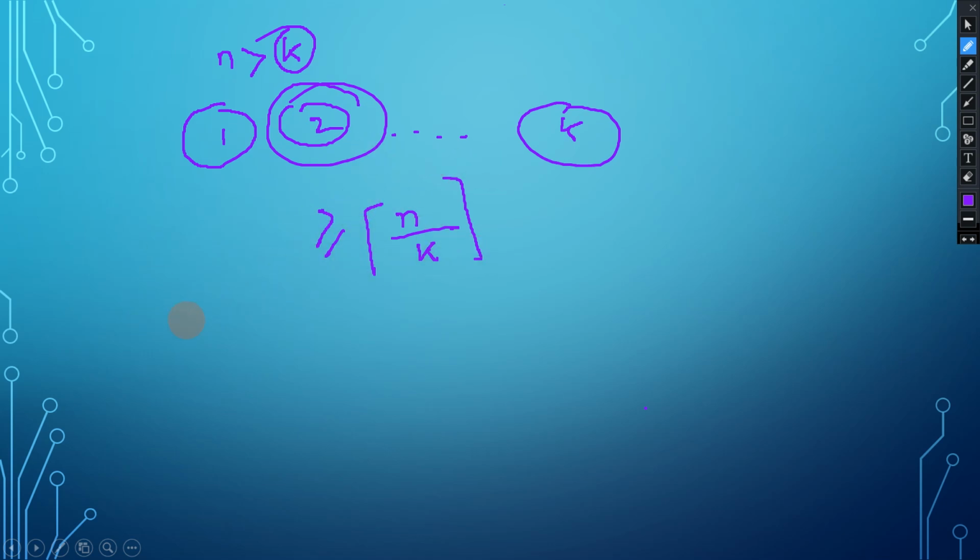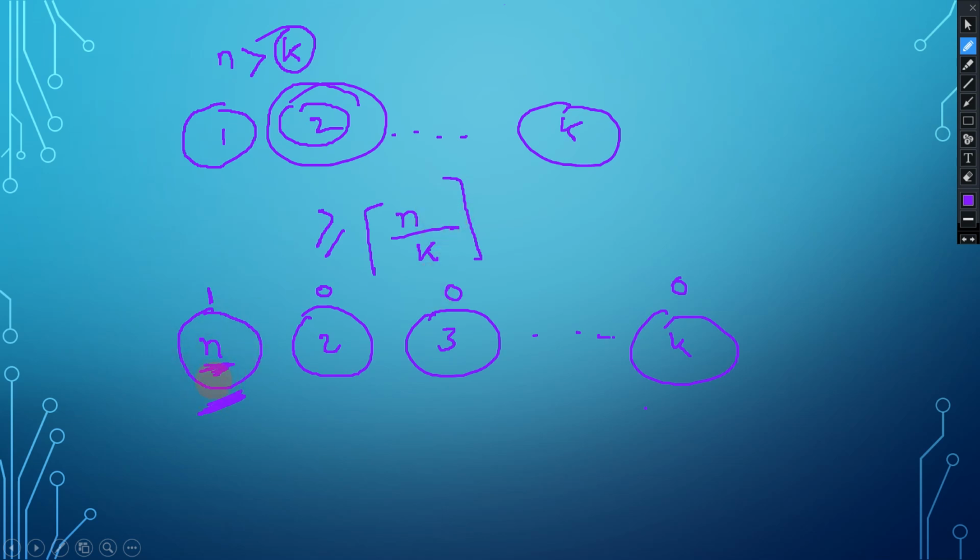So let us see an example. One example: you can distribute all the n pigeons into the first hole, and the remaining k holes are empty. So this is trivial. Then you can definitely see the first hole has at least n by k pigeons, since it has all the n pigeons.